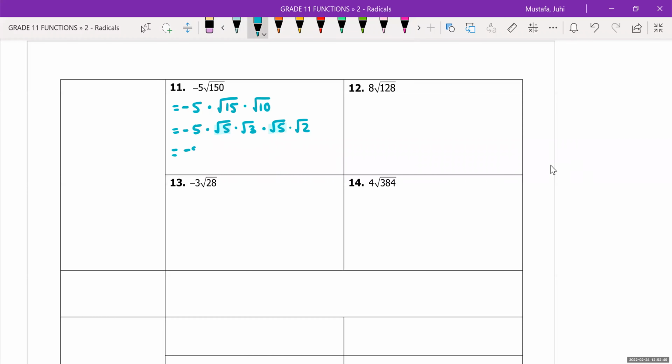The -5 is going to be here. What does root 5 times root 5 give us? Just a whole number 5. And then can we do root 3 and 2? We can't do anything, so what do we have to do, Sarah? Yeah, we're just going to have to multiply together to give us root 6. And so our final answer here is going to be -25 root 6.